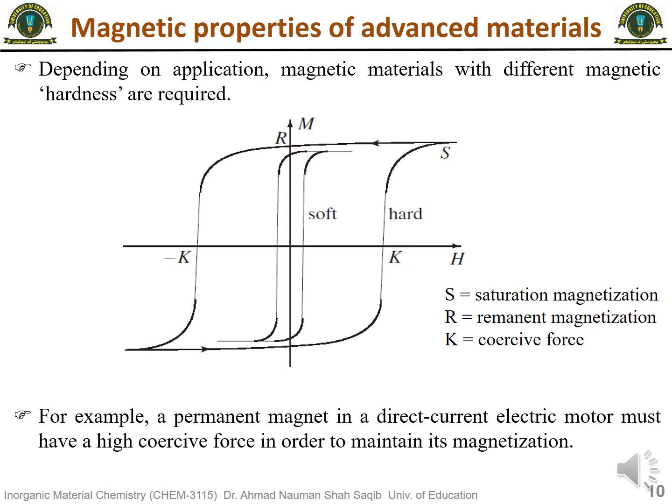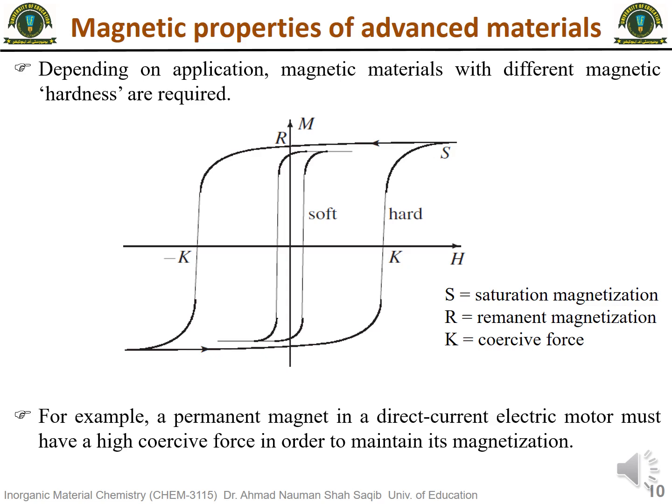Those materials which require a very low negative or external magnetic field to be demagnetized are known as soft magnetic materials. In hard magnetic materials, we need a large coercive force, which is minus K. So we need a large force or large magnetic field to demagnetize the material.